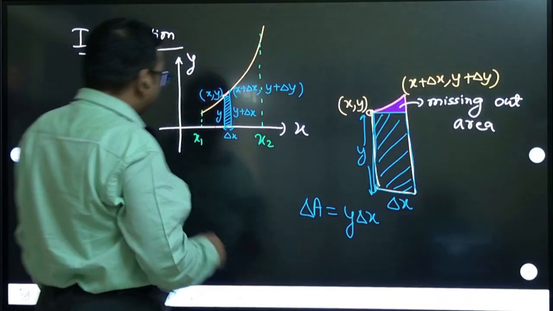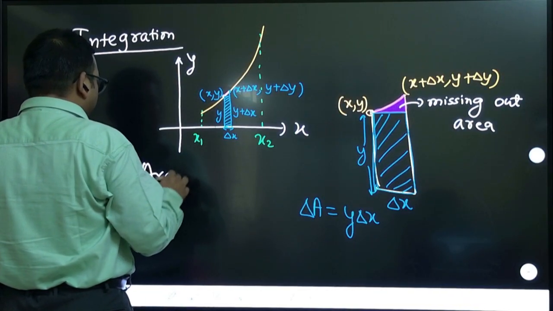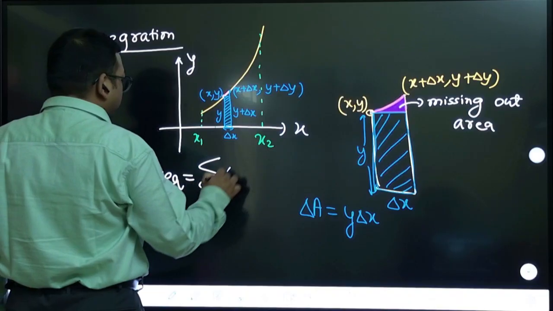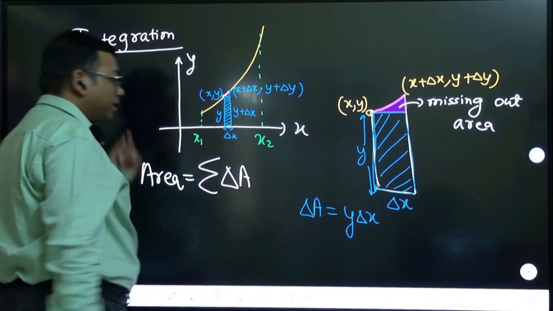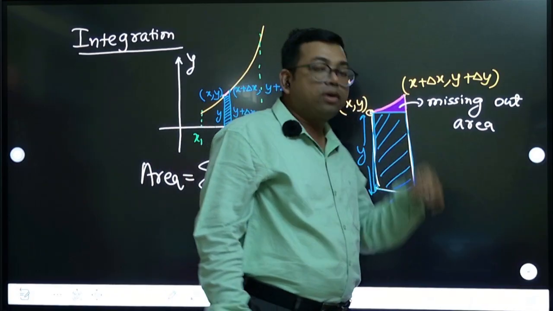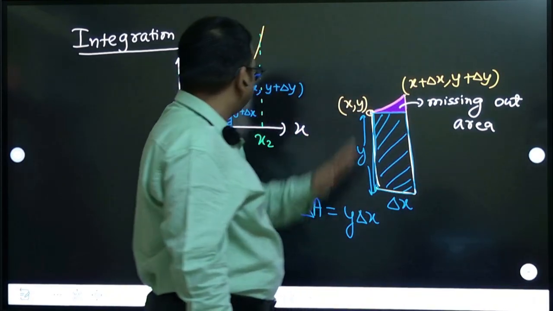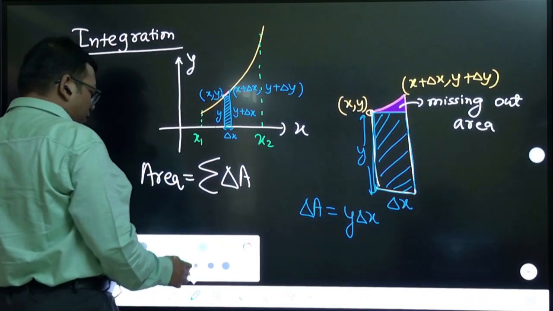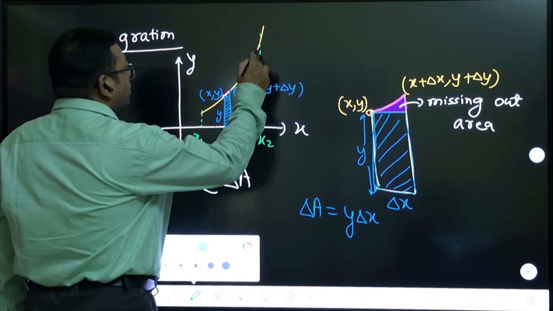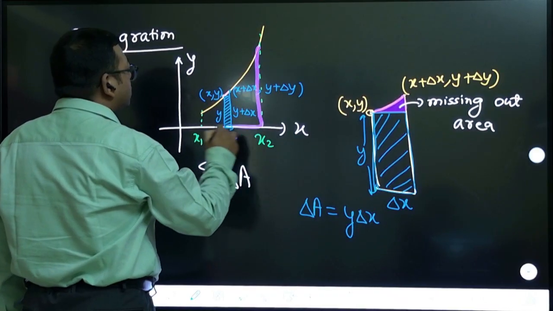So the idea is that the total area which you want to calculate is the sum of all this delta A. But the problem here is that there is missing out area. You will not get the total area. What is the total area? Total area is this area. I want to calculate this entire area.